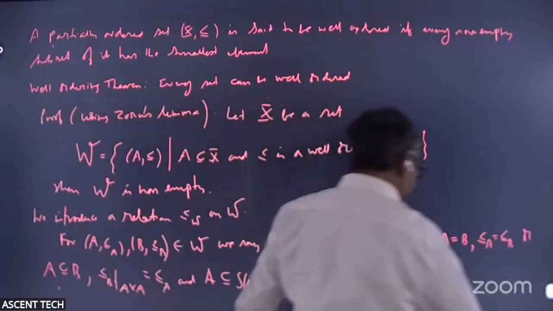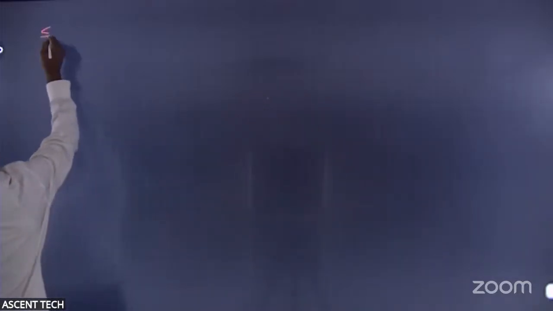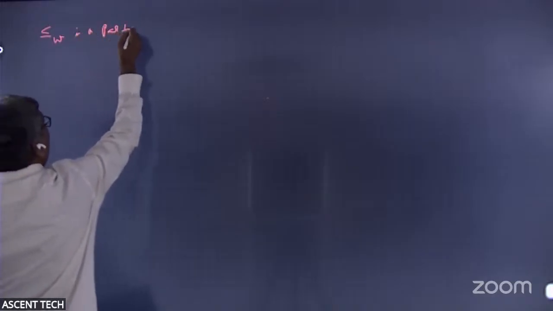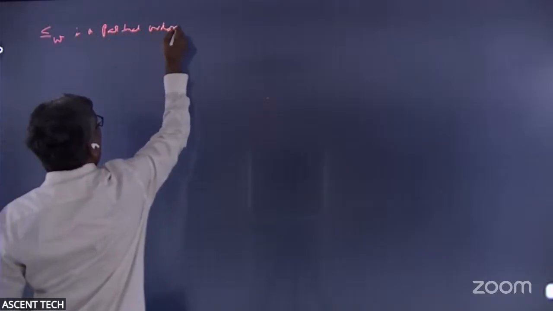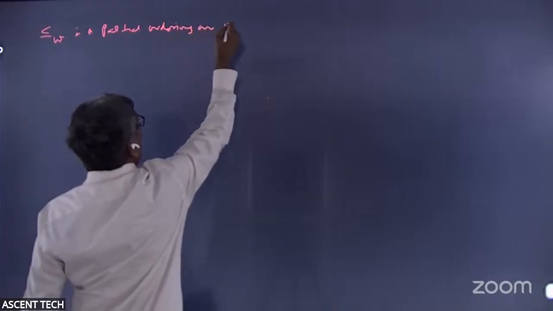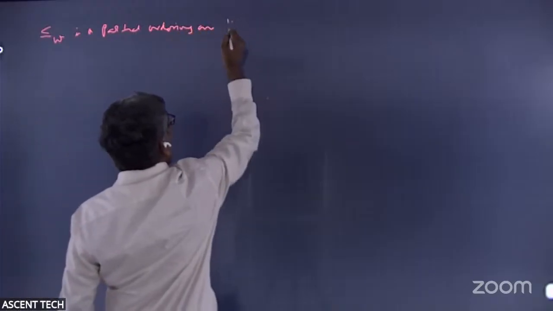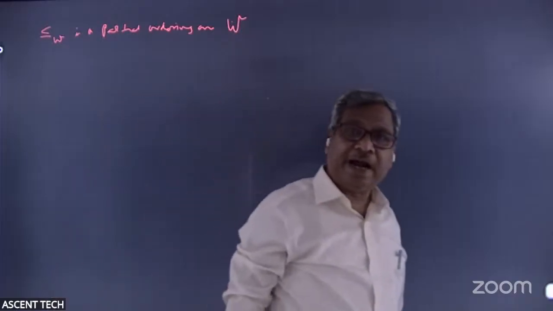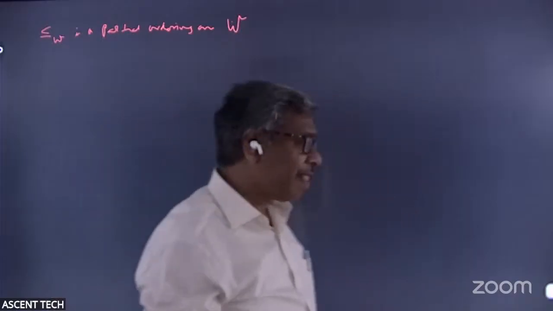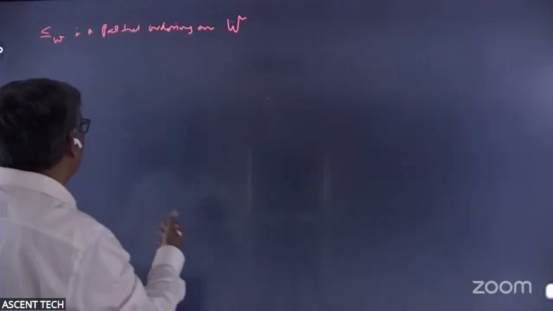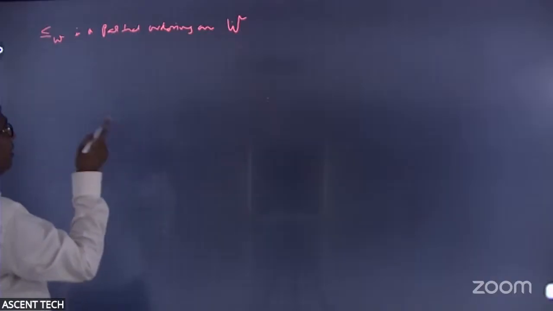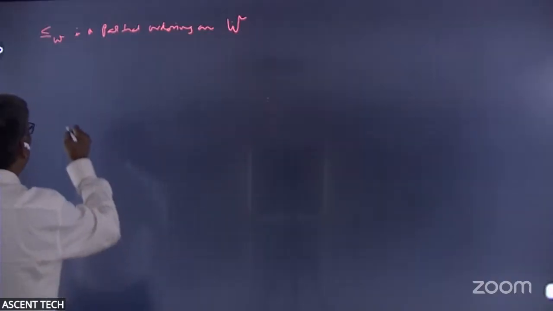Then I can easily show that this is a partial ordering on W, the collection of all partially ordered subsets of X. Now I want to claim, and you can easily prove, that every chain in W has an upper bound.